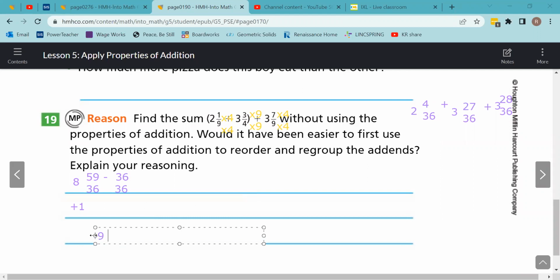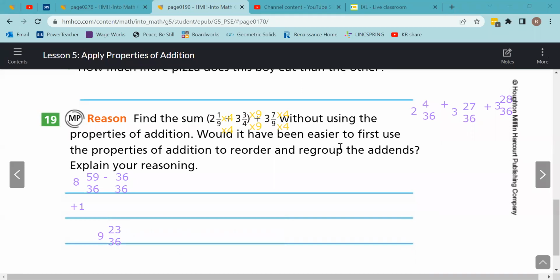We get 9. And then 59 minus 36 is 23, and it's still out of 36. I don't believe we can reduce it at all. So that should be it.